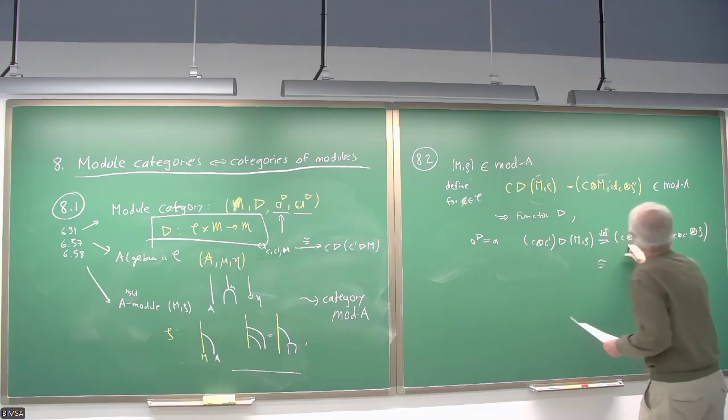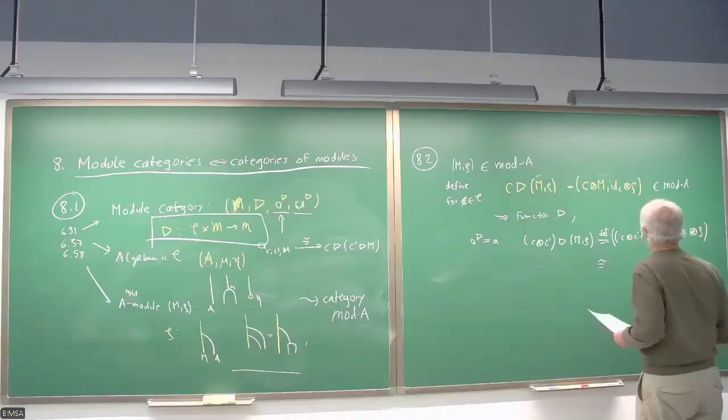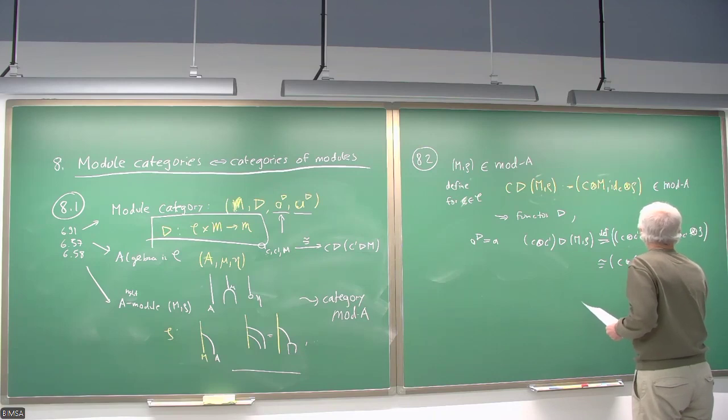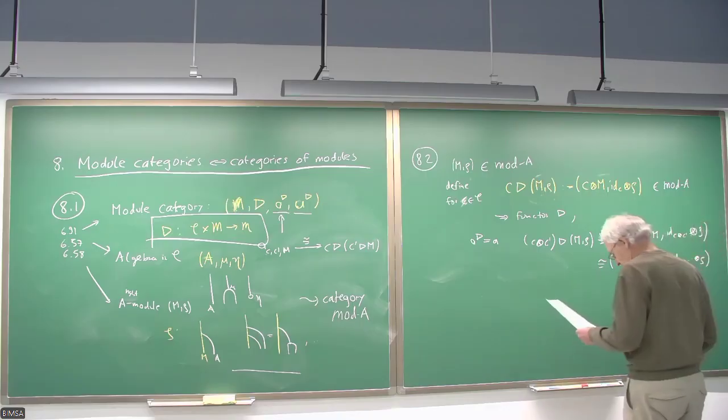But using the associator of the monoidal category, this is the same as C tensor C prime tensor M. And then we can also write the identities analogously.